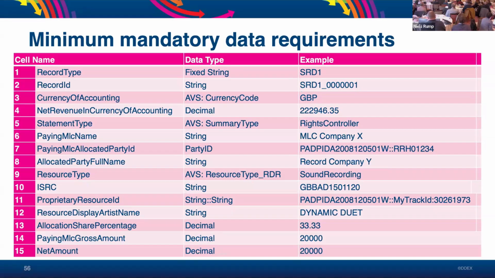Some of the net amount information was originally placed in the summary message, but because the details message can be sent without the summary message, we needed to add those values in there, and they may all be the same because they are an aggregate of all the revenue for that sound recording in the territory that you've got the rights for.